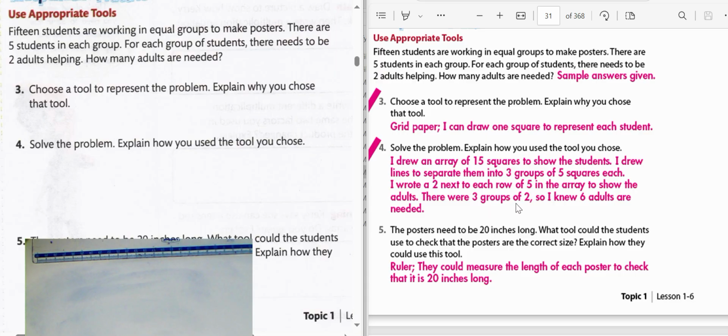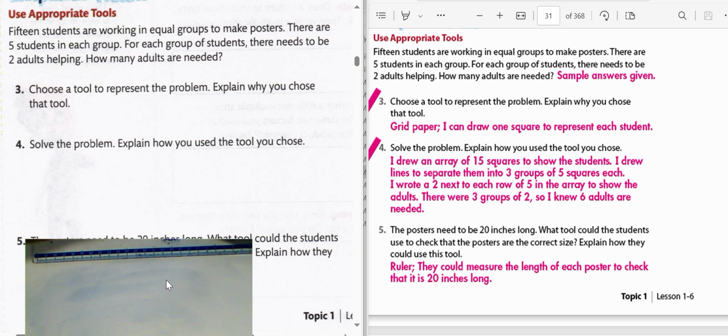There were 3 groups of 2, so I knew 6 adults are needed. We can write 15 divided by 5 equals 3, and 3 times 2 equals 6. Because there need to be 2 adults helping, each group needs 2 to help them.